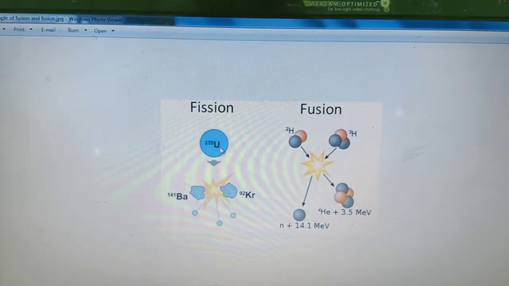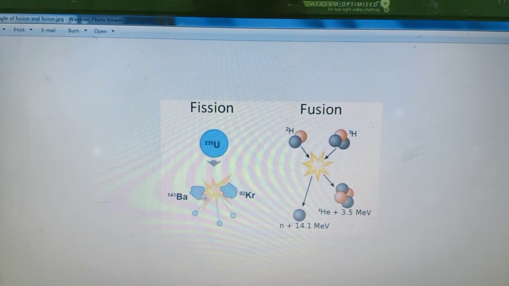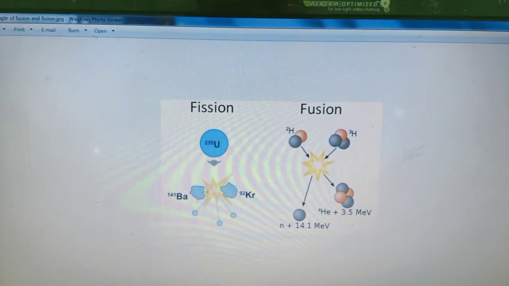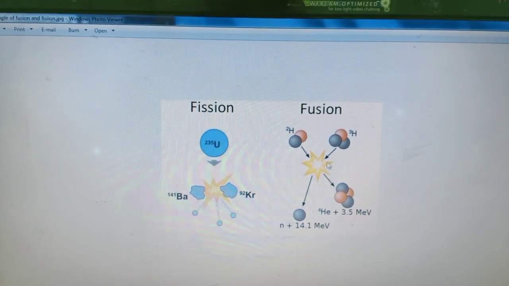For example, uranium-235 will split into two during a fission reaction, becoming barium-141 and krypton-92, and also 3 neutrons. Of course, energy will also be released here in the fission reaction. So that is two kinds of nuclear reaction: fusion, gathering, and fission, splitting.